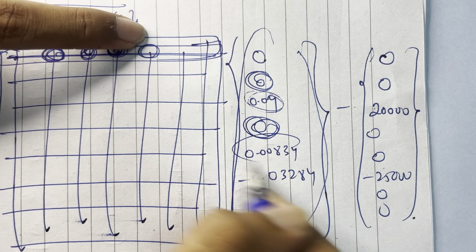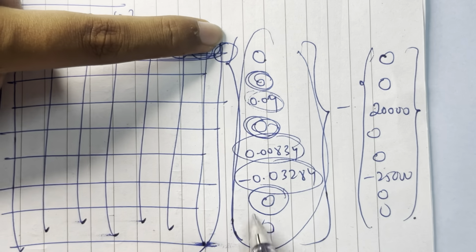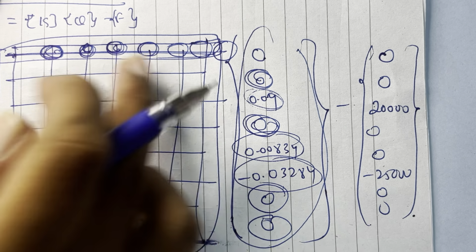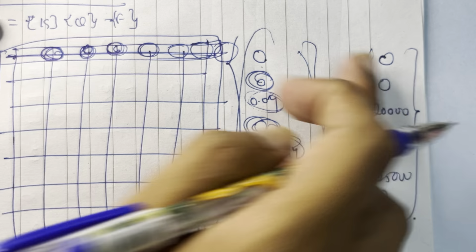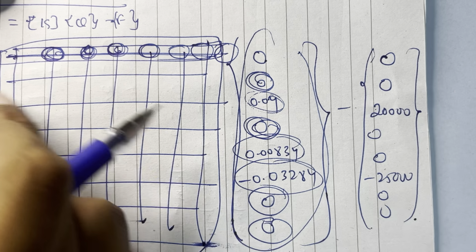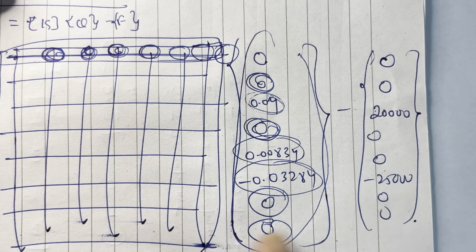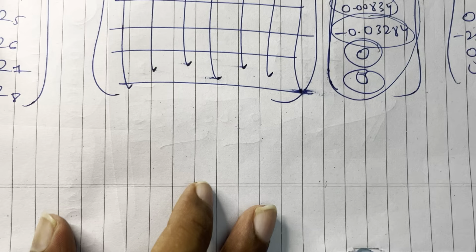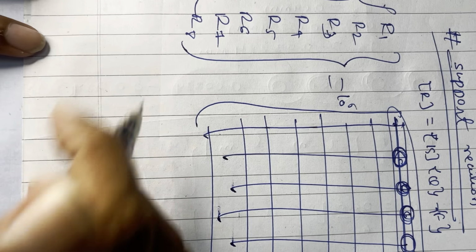Similarly fifth and fifth, sixth, seventh, eighth. Whatever answer you get after solving first row into first column, then minus this 0, you will get R1. Similarly, second row with this column, you will get R2. Similarly R3, R4, R5, R6, R7, R8 with this column.